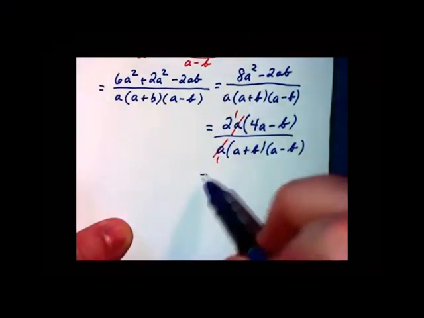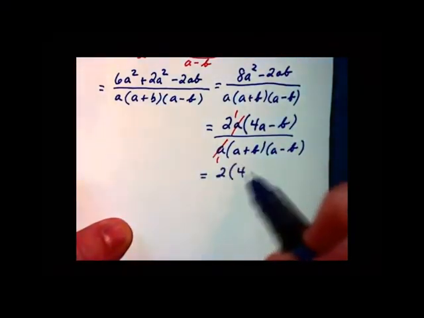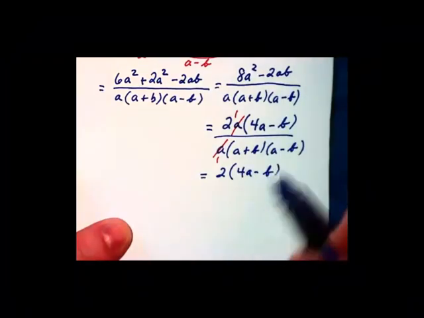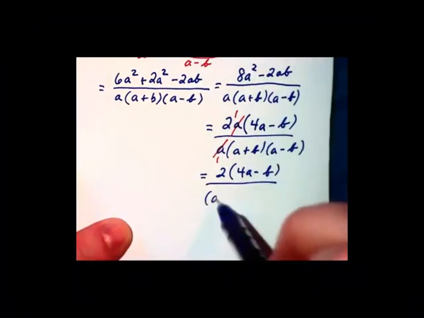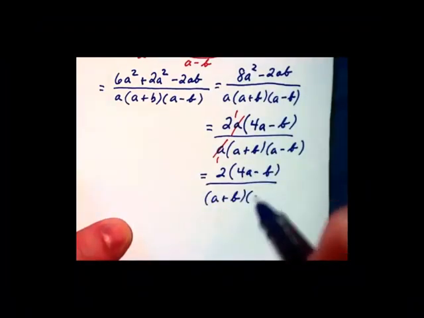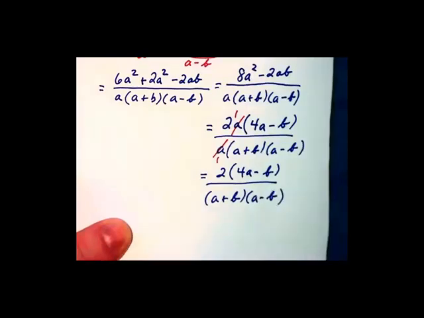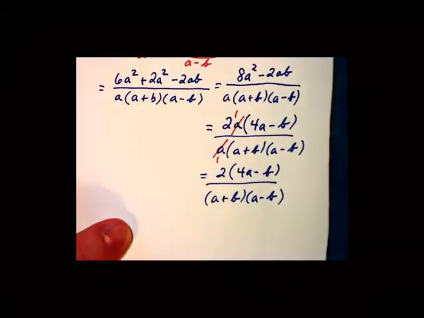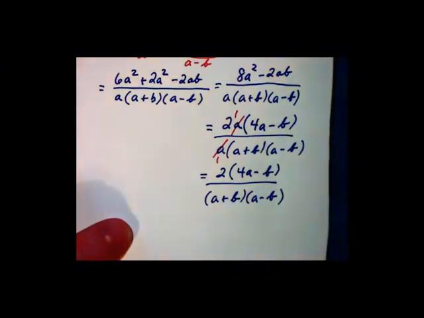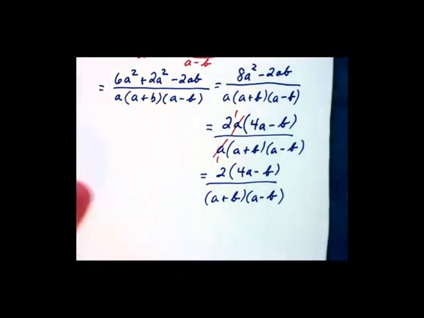So we're going to have 2 times 4a minus b in parentheses over the a plus b times a minus b is the answer. You got to take this carefully, step by step, so that you don't make any careless mistakes.